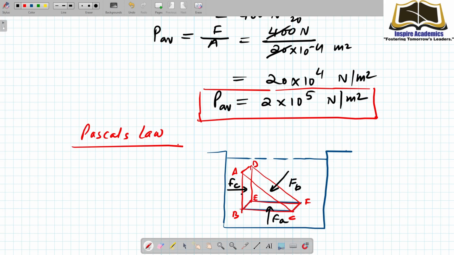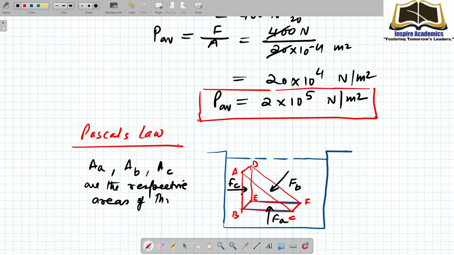So this figure looks like a prism if you see, isn't it? Now what exactly are we seeing? Pascal's law says that if their respective areas are, let us say, A, area of B surface and area of C surface, the respective areas of 3 surfaces.